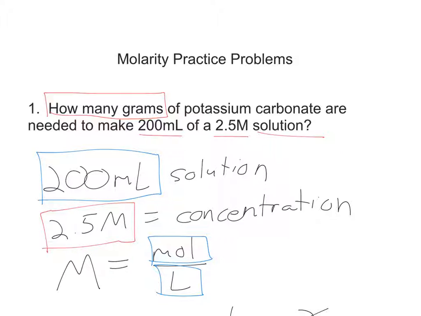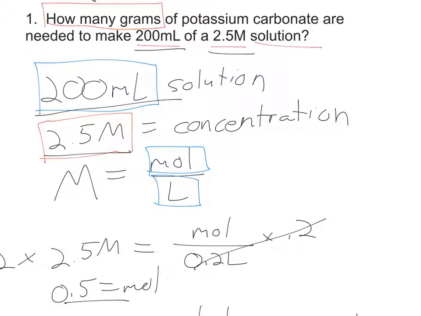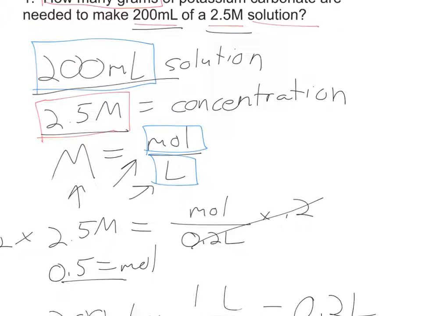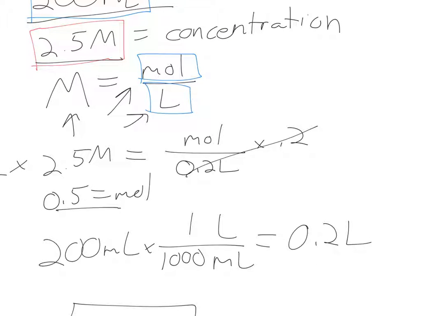So stepwise, just to recall here, I went through and found all the numbers that they gave me. I identified what the numbers were, what part of the equation they were. I identified my unknown here, and I plugged all that stuff into my equation, my molarity equals moles over liters. Then I used algebra to solve.